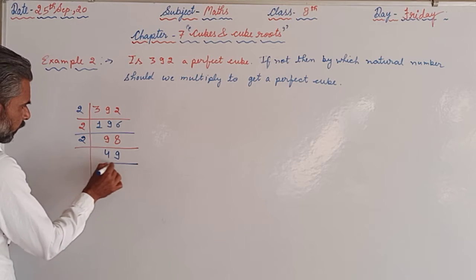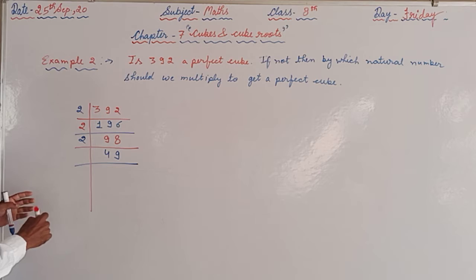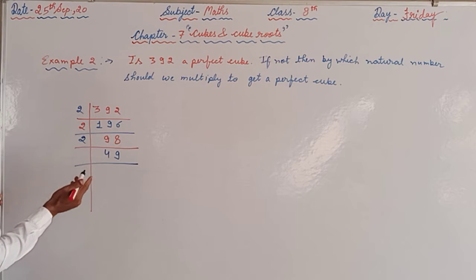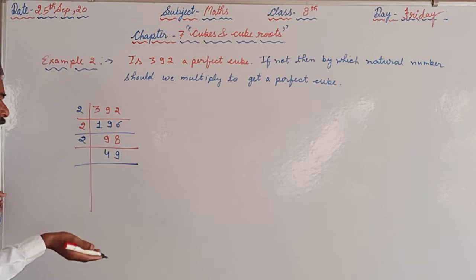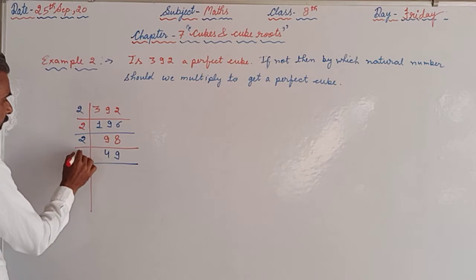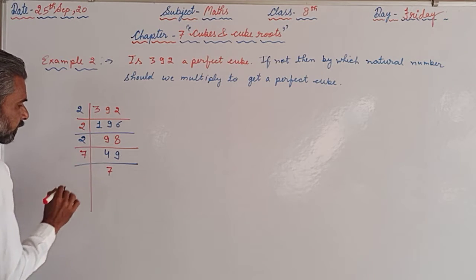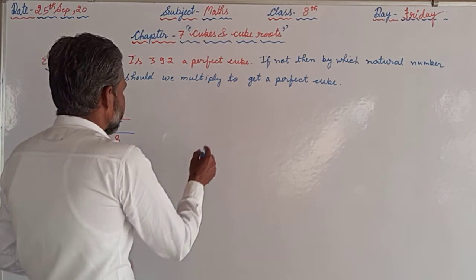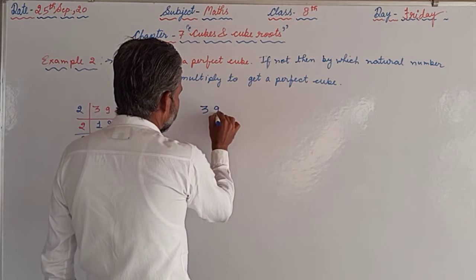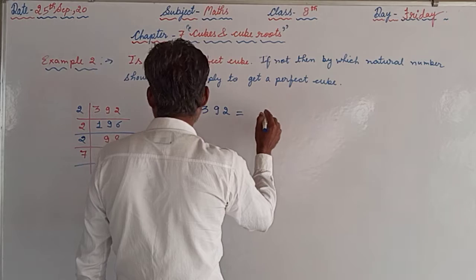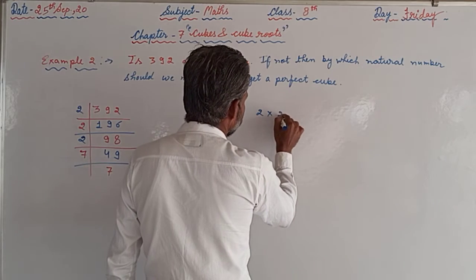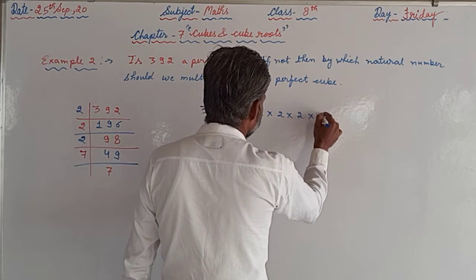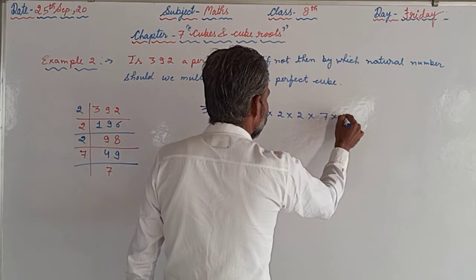Now 49 cannot be divided by 2 and it cannot be divided by 3, 4, 5 or 6. It can be divided by 7 only. So 7 sevens are 49. So we got the prime factorization of 392, and the prime factorization of 392 is 2 into 2 into 2 into 7 into 7.